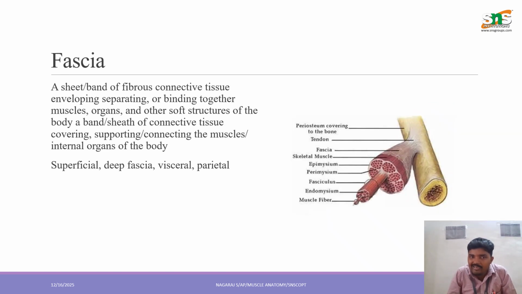Fascia is a sheet or band of fibrous connective tissue enveloping, separating or binding together muscles, organs and other soft structures of the body. It is a sheath of connective tissue covering, supporting or connecting the muscles and internal organs of the body. Types are superficial fascia, deep fascia, and visceral and parietal fascia.